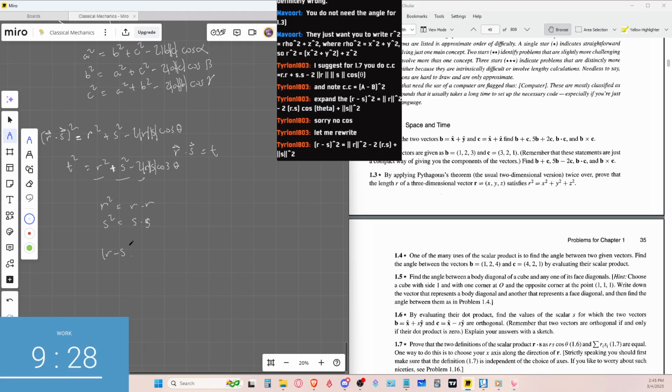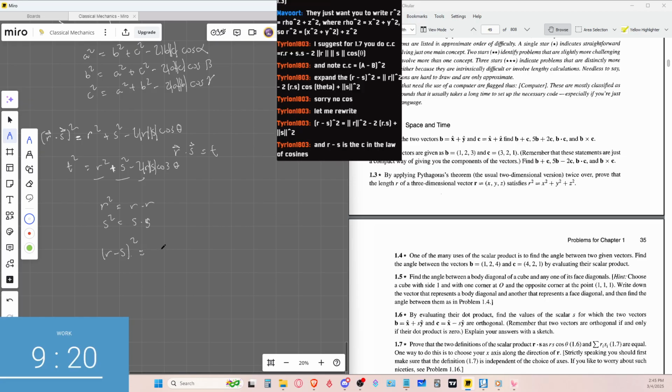So then r squared is equal to, r squared is c in the law of cosines.